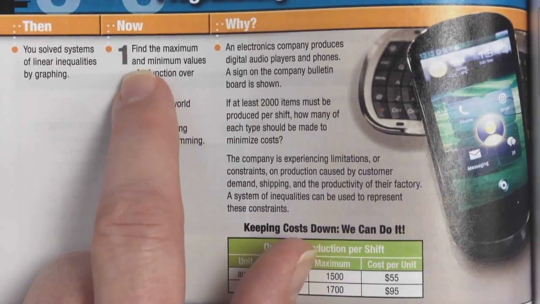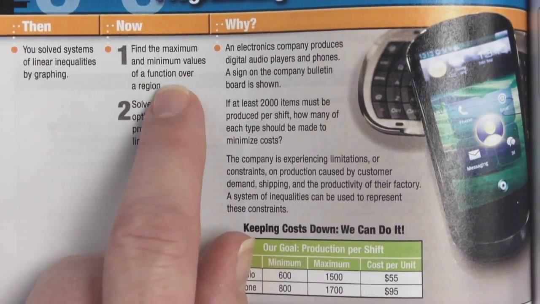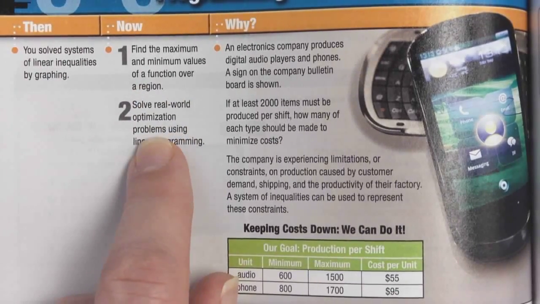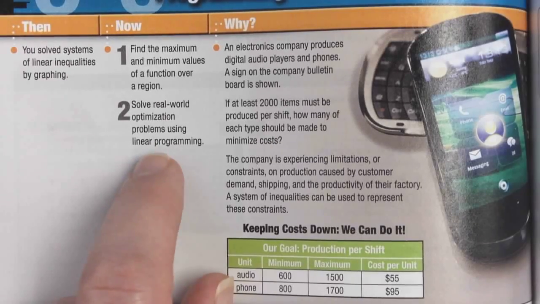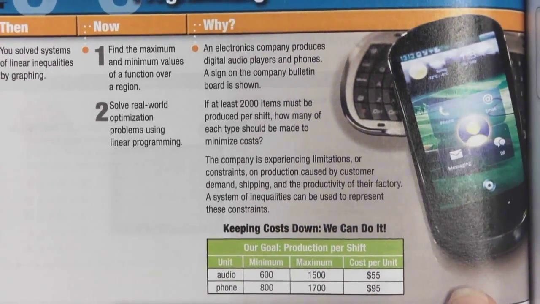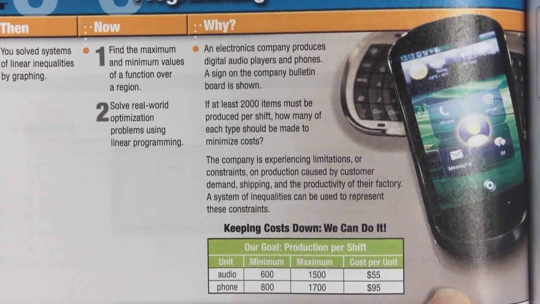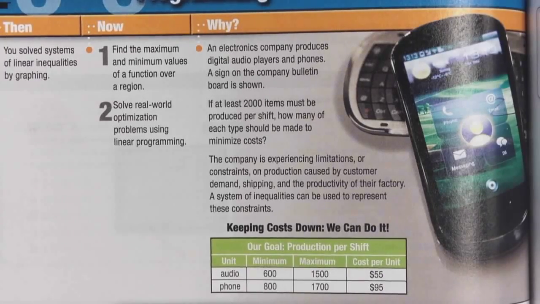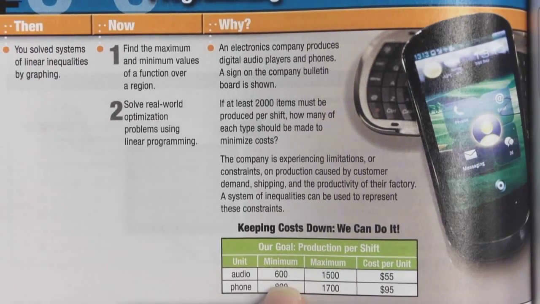Okay, so we're going to find the maximum and minimum values of a function over a region and solve real-world optimization problems using linear programming. Now they're giving you an example right here. It says, an electronics company produces digital audio players and phones. A sign on the company bulletin board is shown, and that's down here.